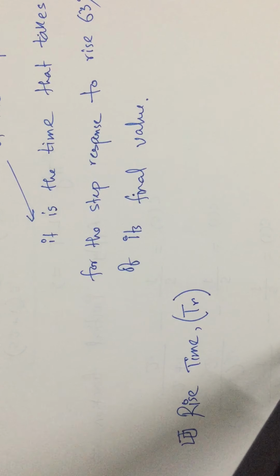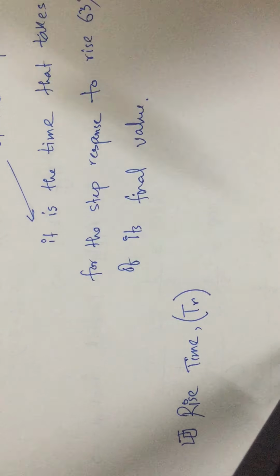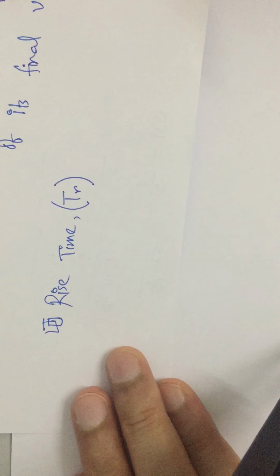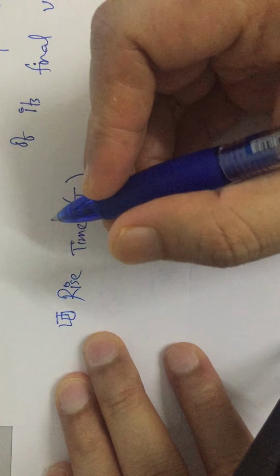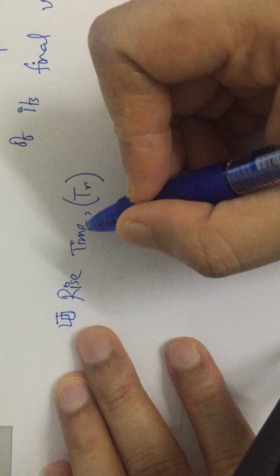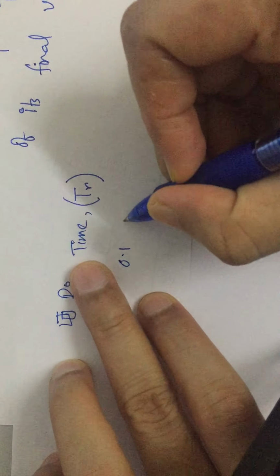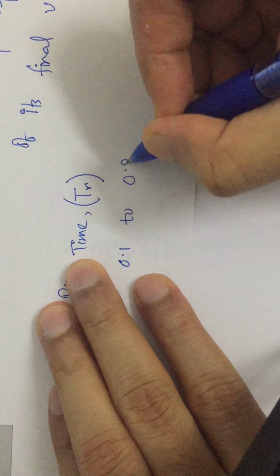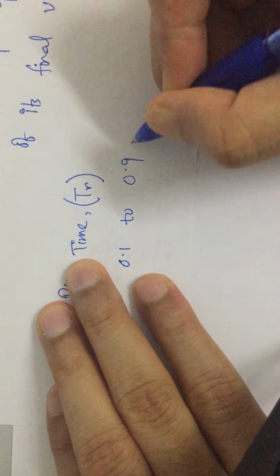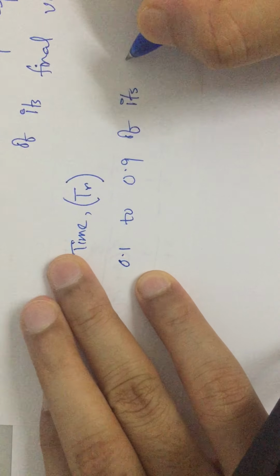It's already mentioned in your slide. So let's calculate the rise time. We say that the waveform goes from 0.1 to 0.9 of its final value.